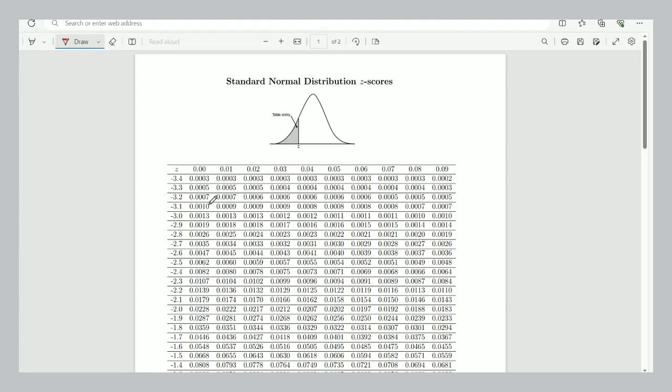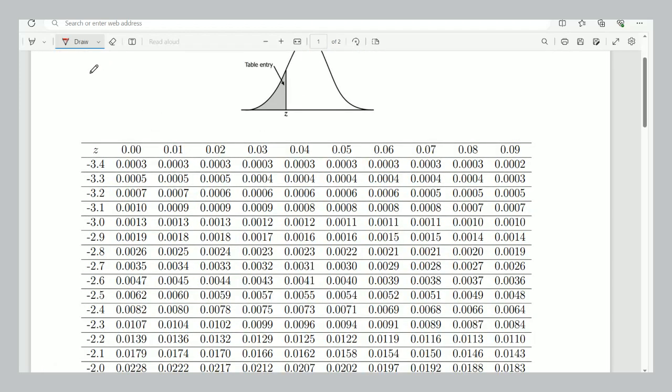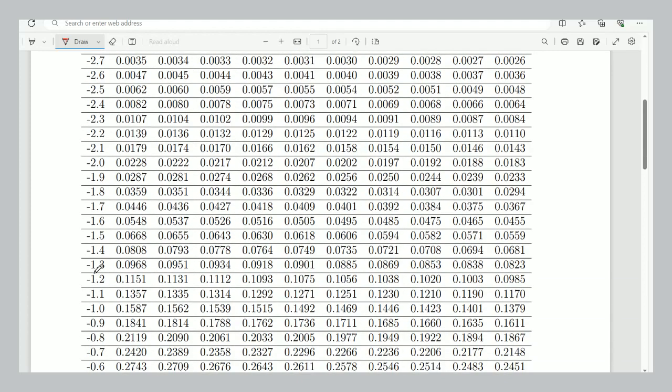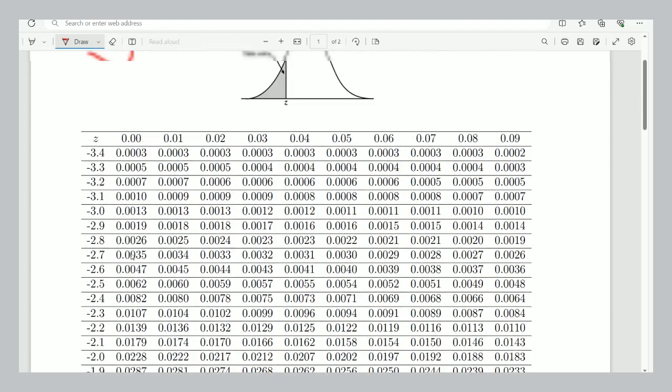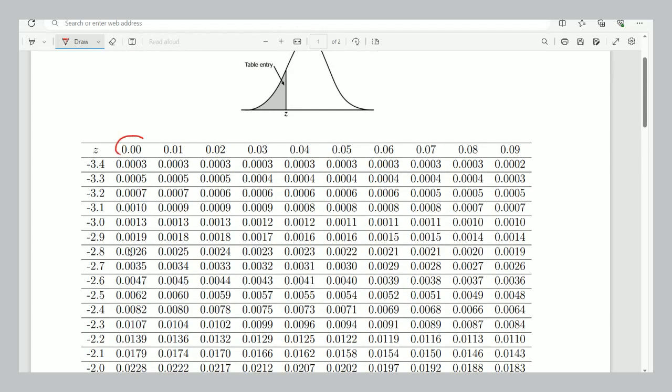The way the z-table works is you look up your value to the first decimal place in the first column, so negative 1.5 right here. And then the second decimal place, which in our case is 0, we look up in this column here.